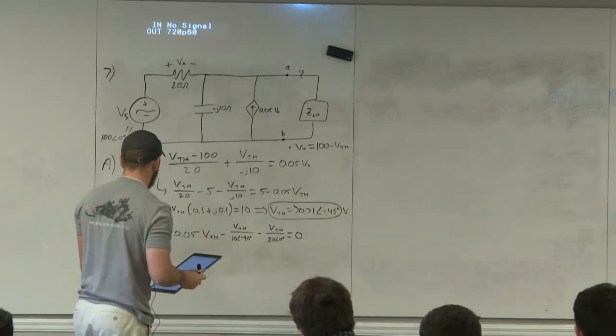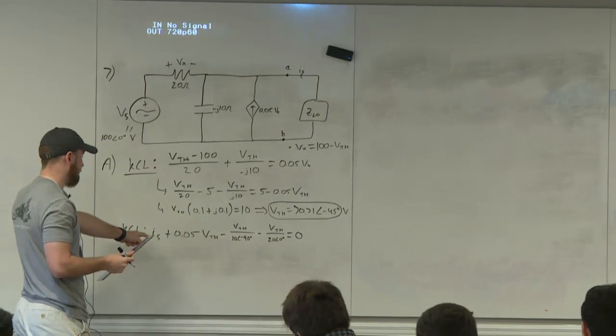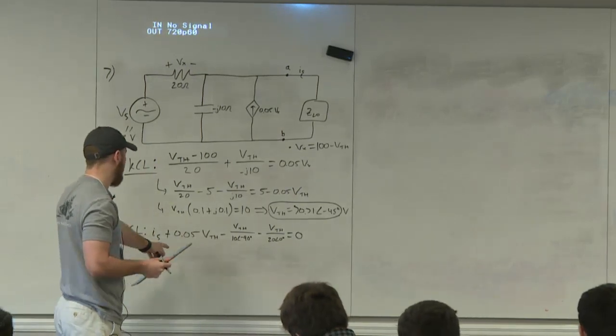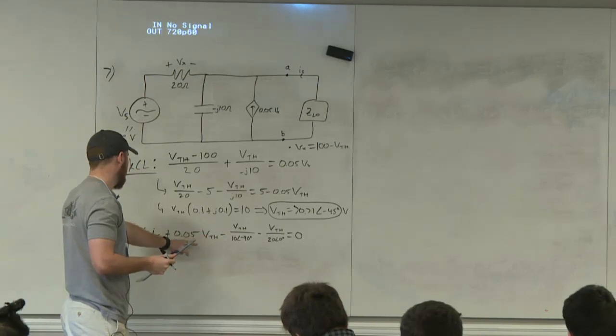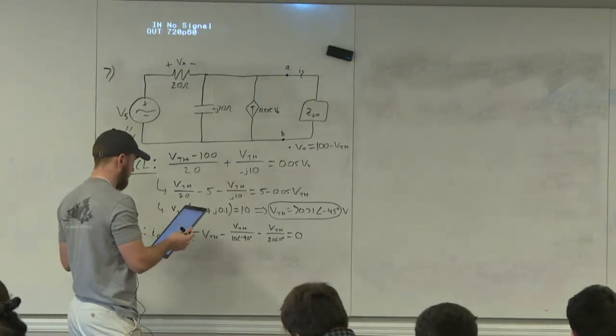So we could have just gone straight to this, and now it's just a matter of manipulating this to get VTH over IS.